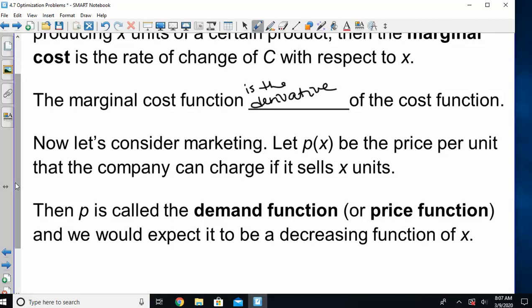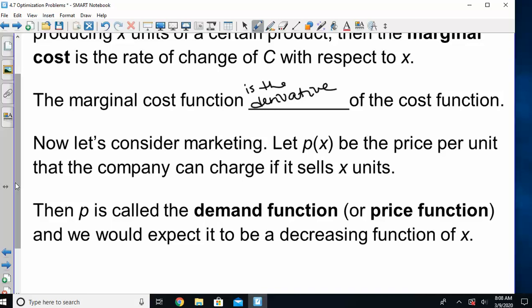If you're dealing more on the marketing aspect, you also have to figure out how to set your price. So if we do lowercase p of x for the price per unit that a company can charge, then that is also sometimes called our demand function or price function. We would expect it to be decreasing.